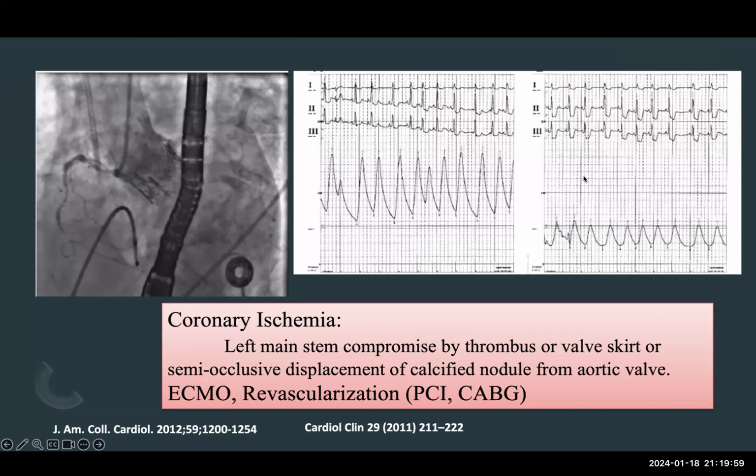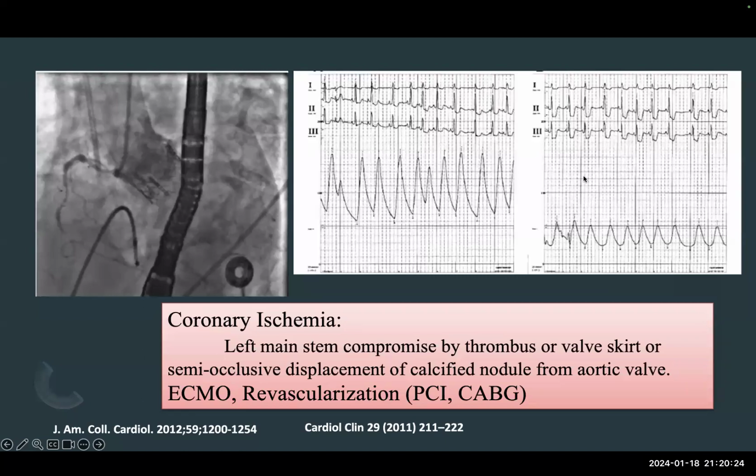Any role for TAVI in AR? Yeah, there is. We used to say no, it's only for aortic stenosis, but now we do it for aortic regurgitation. But we take into consideration the annulus, not too big an annulus, because we have a limit. In the Edwards, we cannot go beyond 29.